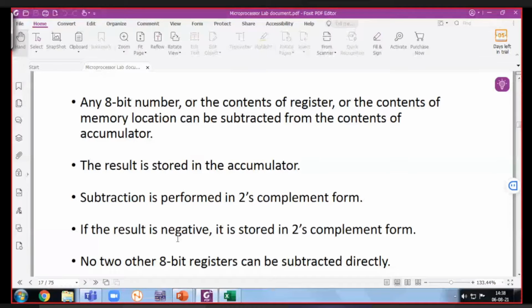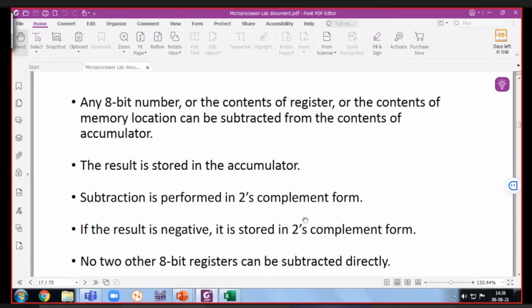But how will the result be represented on your screen or on your software? That is in 2's complement form. So revise that part also, the subtraction using 2's complement.